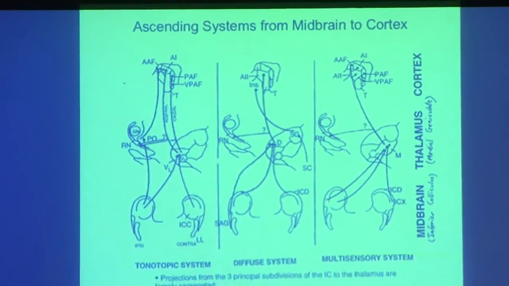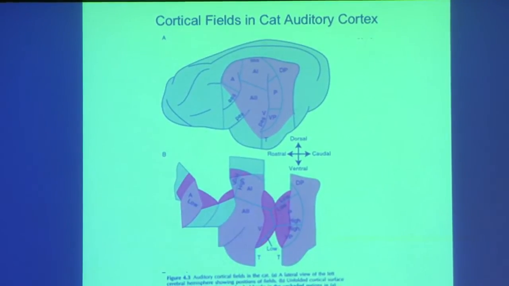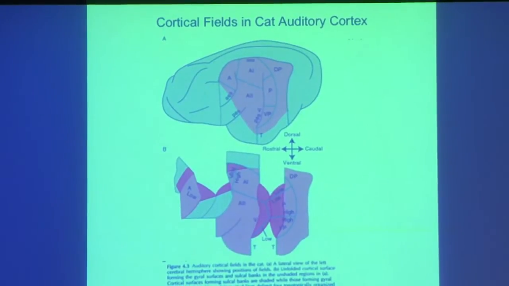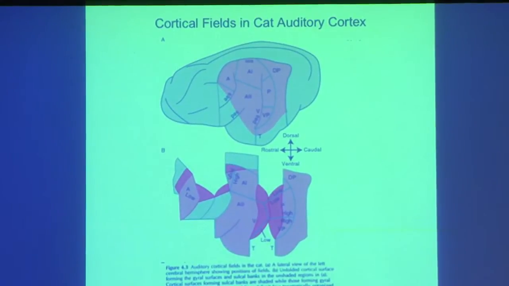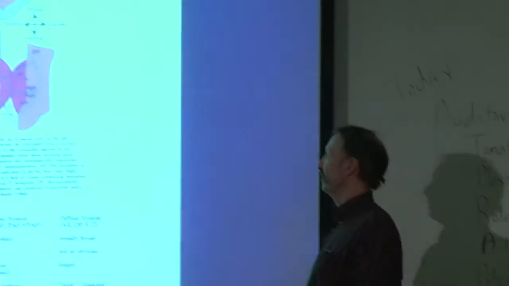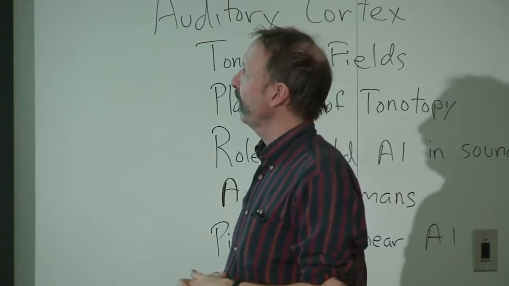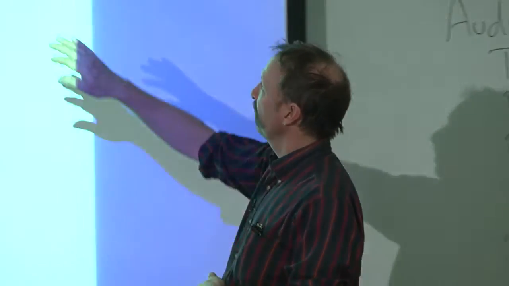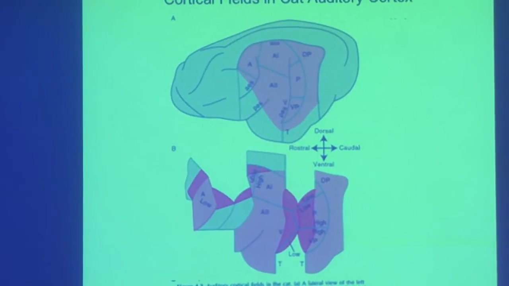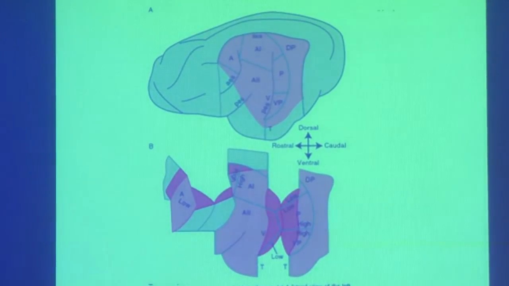So in the auditory cortex, there's been a lot of research done on the cortex of the cat. Cat has been a standard model for auditory cortex work since the beginning, since the 60s. And so the fields are very well known in the cat, and they're indicated in the colored shading here. This is showing you the cat's brain from looking at its left side.